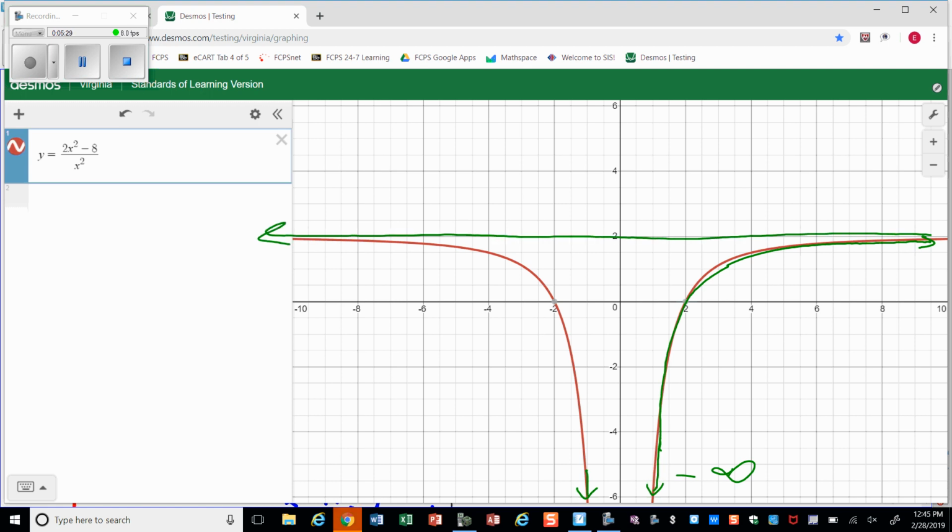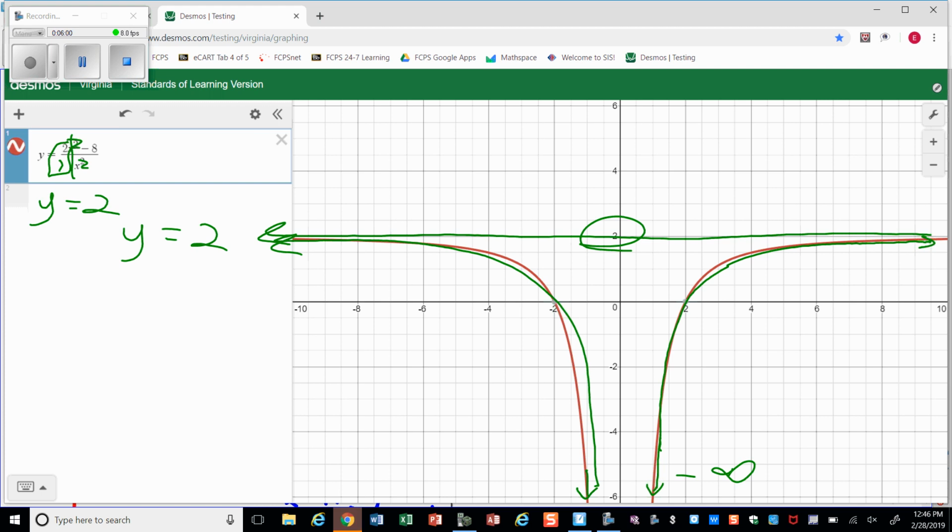As I go up, I'm starting at negative infinity and it's going to 2. y equals 2. Remember that was my horizontal asymptote because my two exponents were the same, so that cancels out, and you get y equals 2, because that's 2 over 1. You look at the coefficients here.